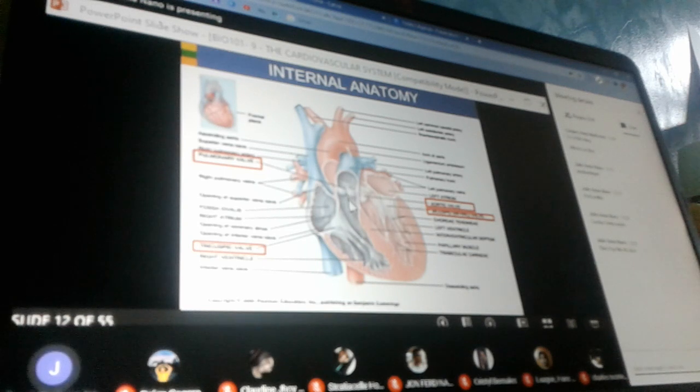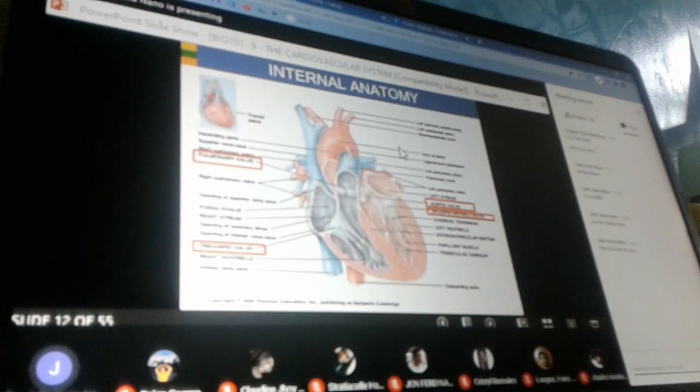Tapos, papasok siya sa ating lungs. Okay? With the use of our pulmonary valve. Okay? They pay. So, once na nakapasok na si blood sa ating lungs class, babalik siya sa ating heart. Okay?